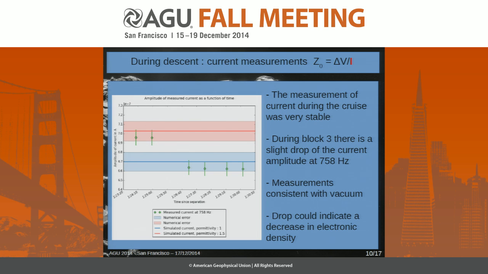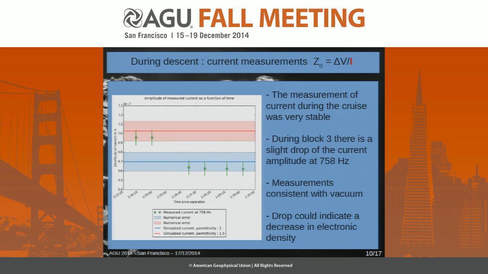What I have done is I have simulated the lander completely surrounded by an environment of a given dielectric constant. So the blue line represents the simulated current for a permittivity of 1, and the red line represents the same simulation but for a permittivity of 1.5.